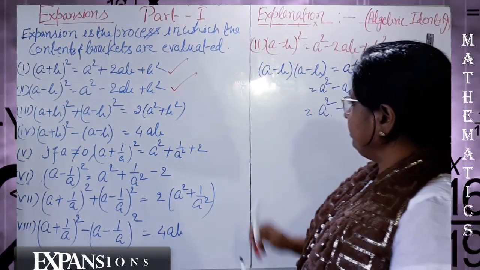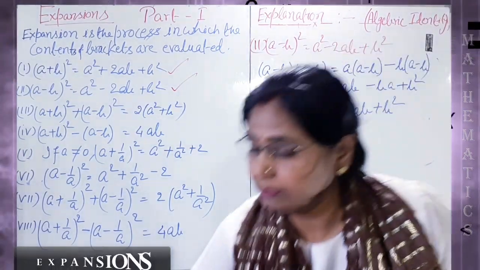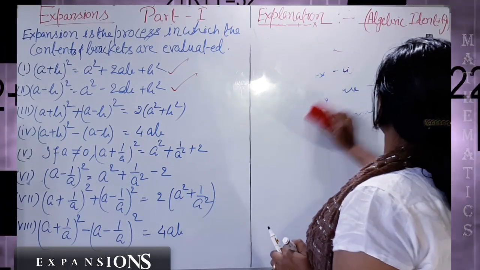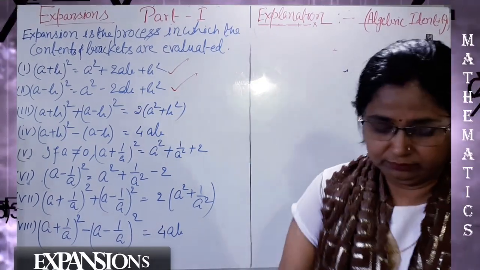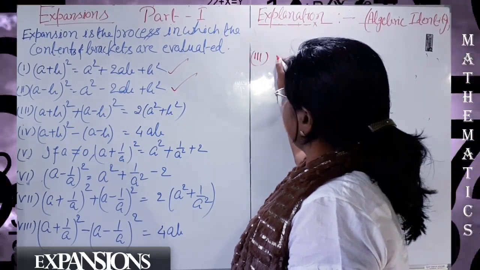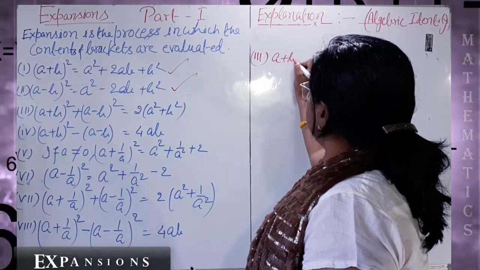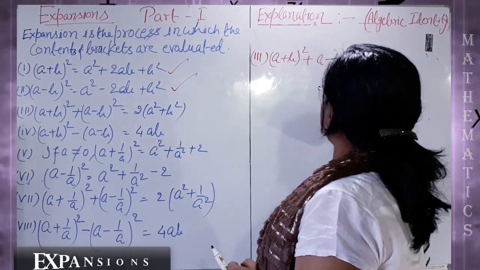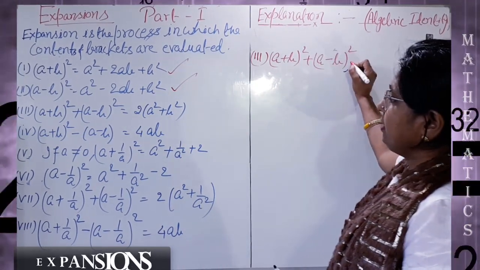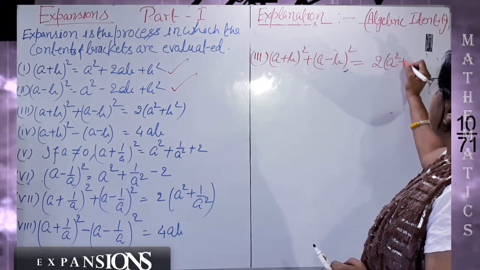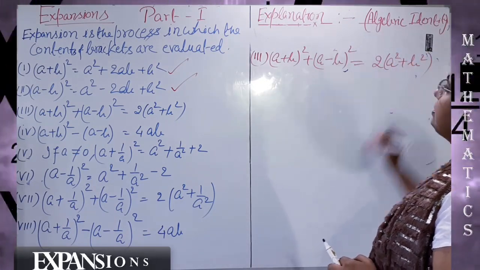Now I am going to explain the third number. Third number is (a plus b) whole square plus (a minus b) whole square is equal to 2(a square plus b square).